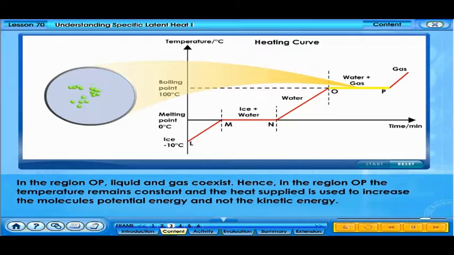In the region OP, liquid and gas coexist. Hence, in the region OP, the temperature remains constant and the heat supplied is used to increase the molecule's potential energy and not the kinetic energy.